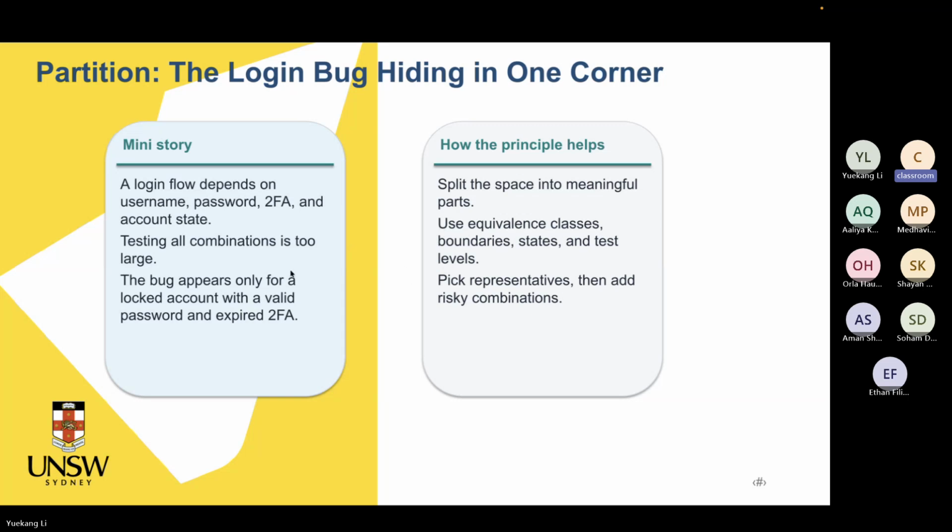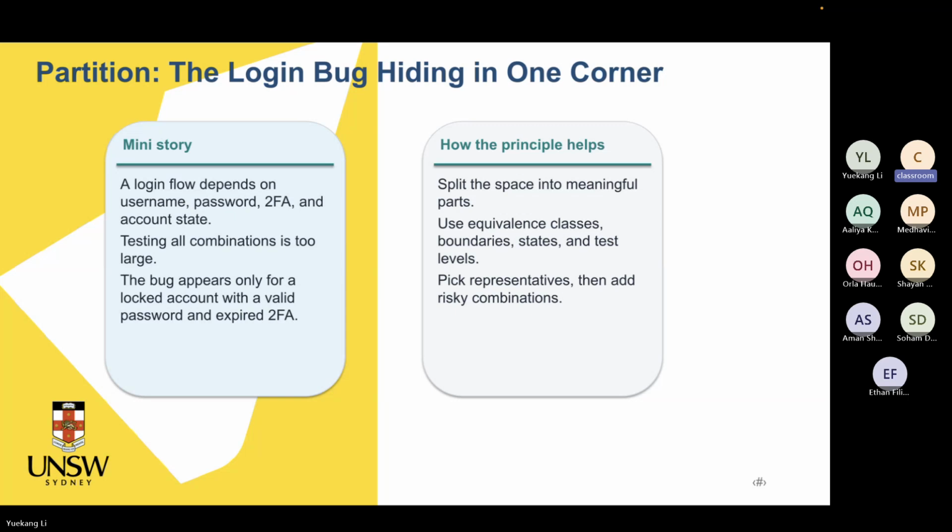Since maybe a bug appears with a locked account, valid password and expired two-factor authentication code, then instead of trying out all the combinations of usernames and passwords, we can partition the input space.